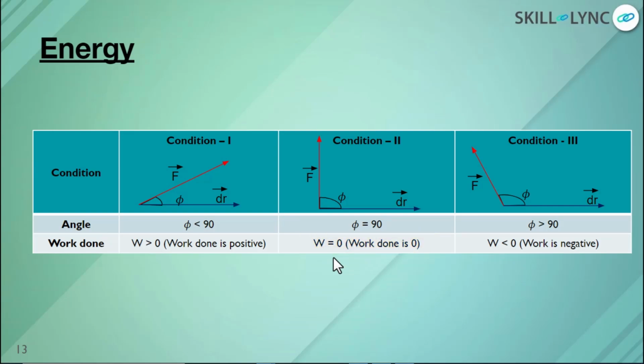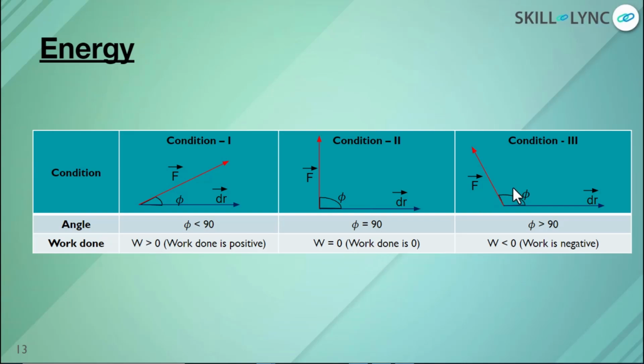And we already know from basic trigonometry that cos phi, when phi is equal to 90 degrees, is equal to 0. Thus, when the tangential force is multiplied by 0, it gives the result 0, and thus the work done in this condition would always be 0.